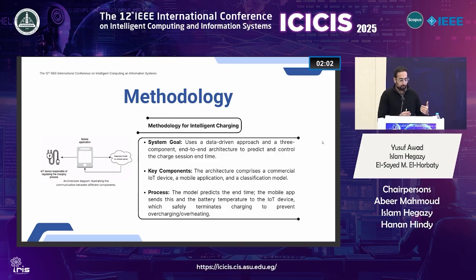Then we notify this IoT device, okay, here's the plan for how we're going to achieve this charging, and we interrupt the charging process, meaning that we will try to achieve the maximum amount of battery in a time frame without hurting the battery.